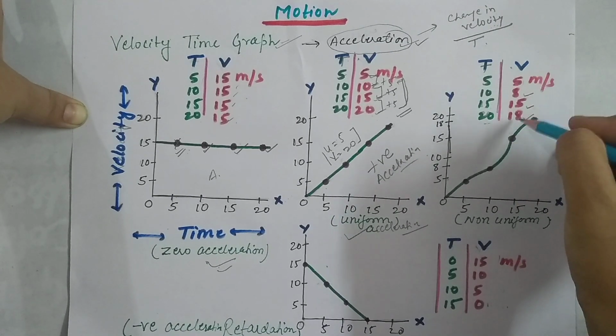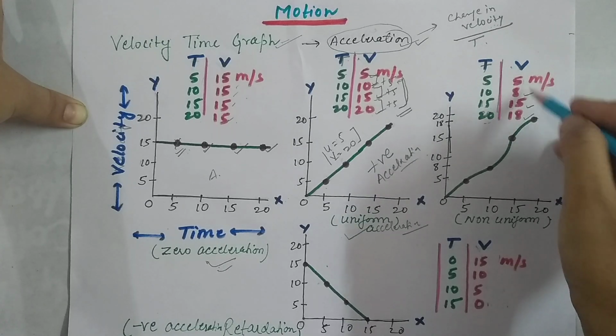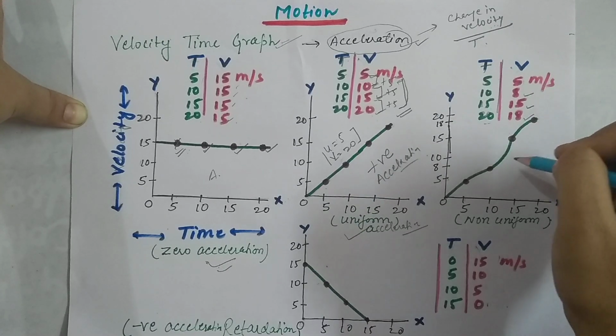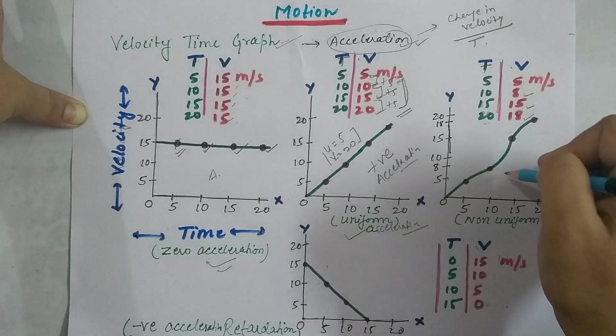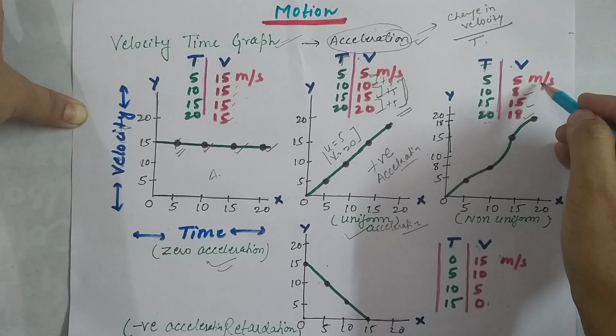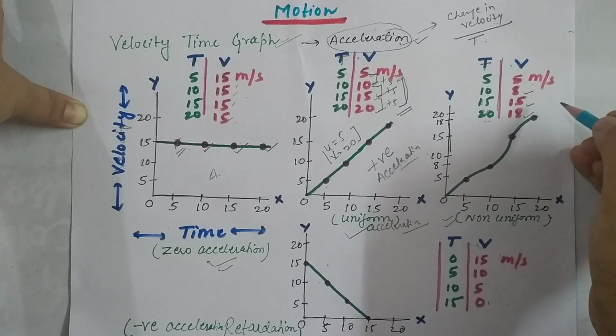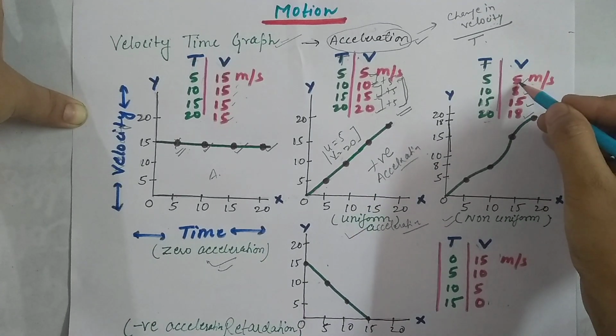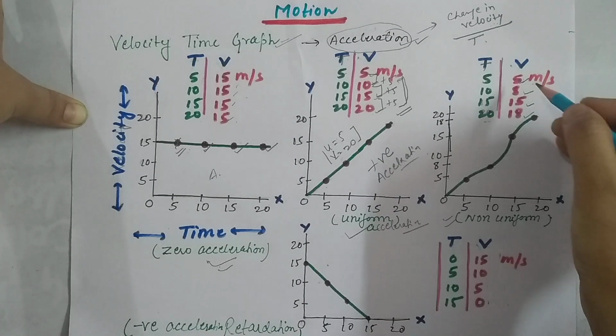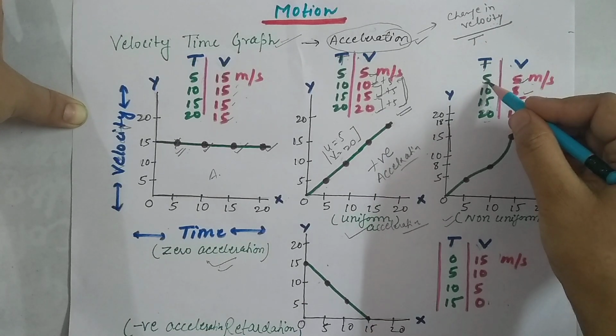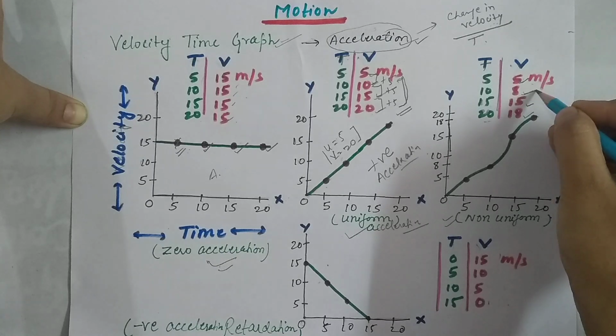So here the velocity is changing. First they start from 5 meters per second at 5 seconds, then they get 8, then 15 and 18.